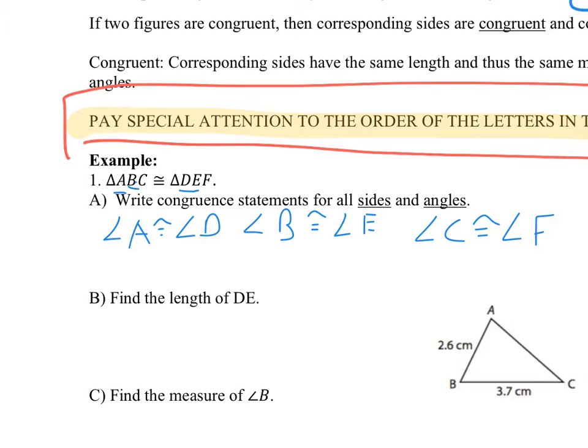And as far as sides, then we look at the two letters together. So we get AB is congruent to DE. And then BC is congruent to EF.